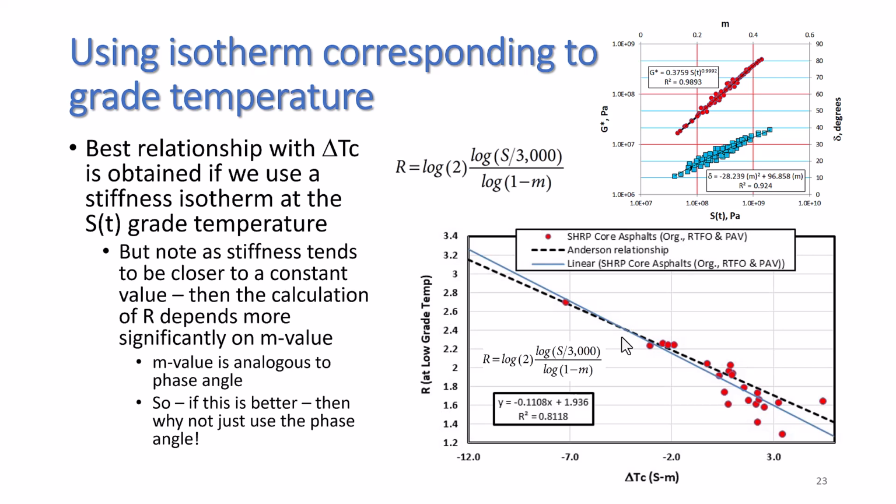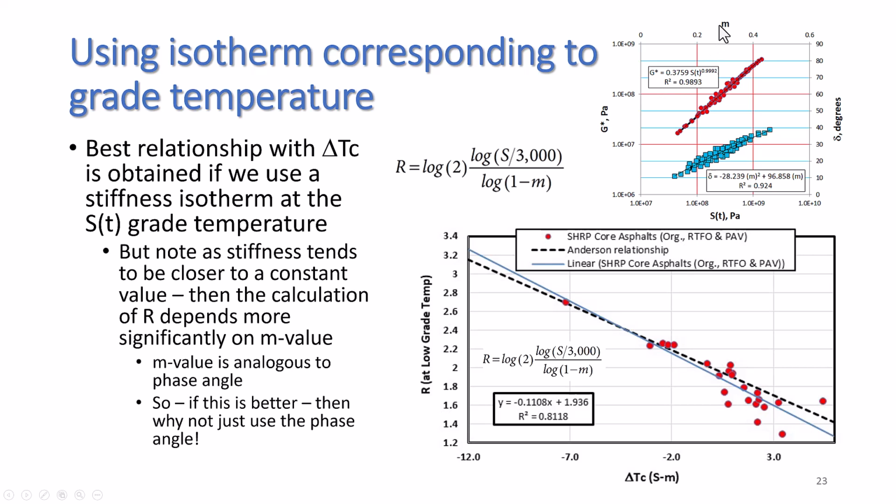But as we are doing this, we're basically taking this stiffness to a value which is closer to a constant stiffness. So as we take this stiffness, say to a constant stiffness, somewhere around about 150, 200 megapascals, which is where you get that passing grade, basically this equation reduces to being a function of the M value.